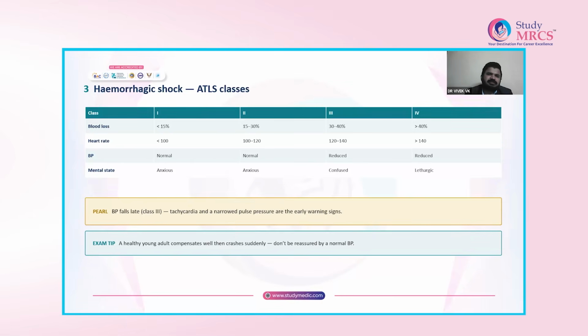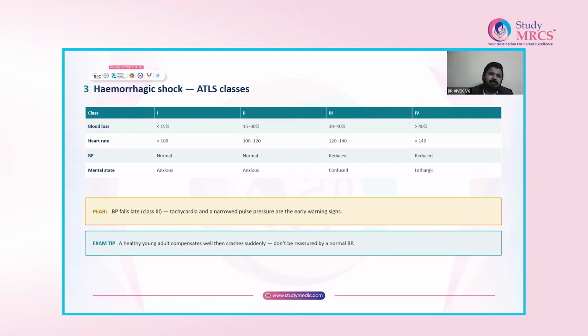And regarding the mental state, in class 1 and class 2, the patient will be anxious. In class 3, the patient is confused. And in class 4 shock, the patient is lethargic. So the key pearl is the blood pressure falls late, that is in class 3.